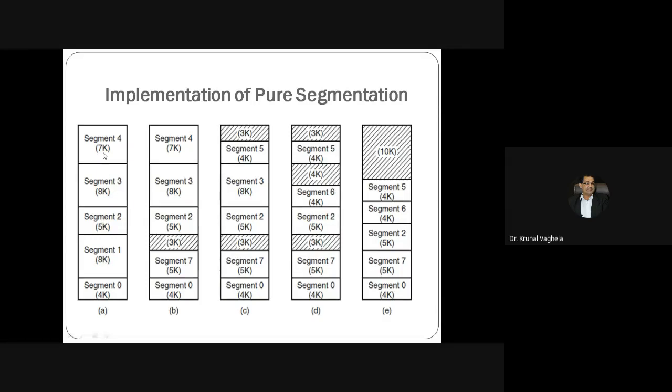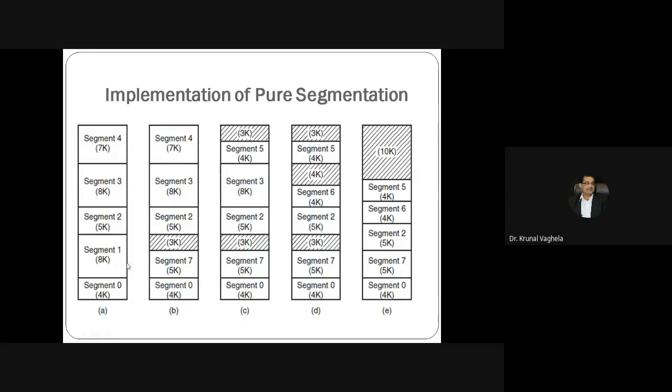Now it is not like your computer is running only one program. It may run different programs, so segments need to be moved in and out of physical memory and virtual memory. After some time, segment 7 will come with a size of 5K. Now where to accommodate it?